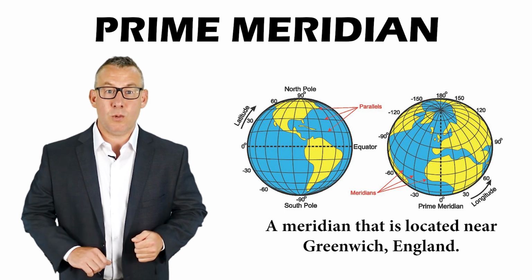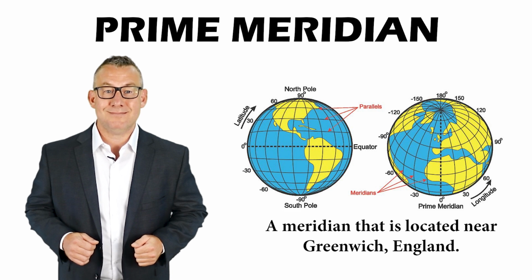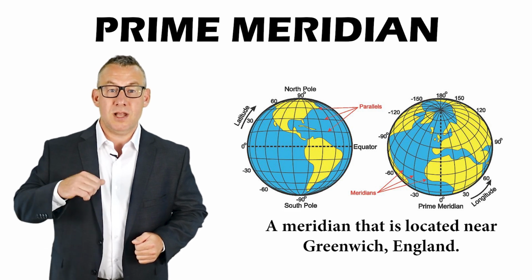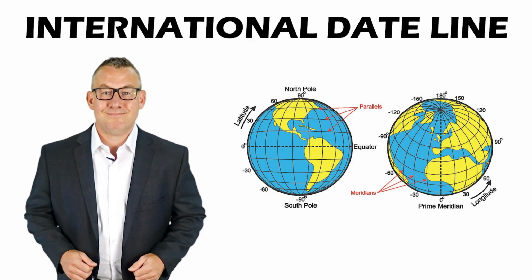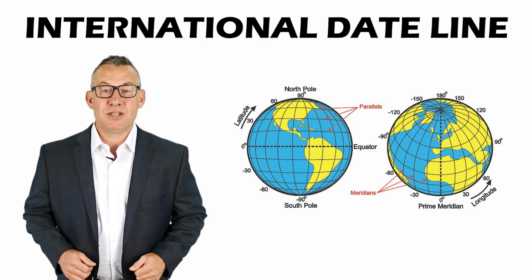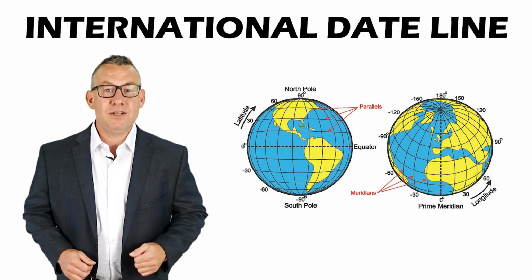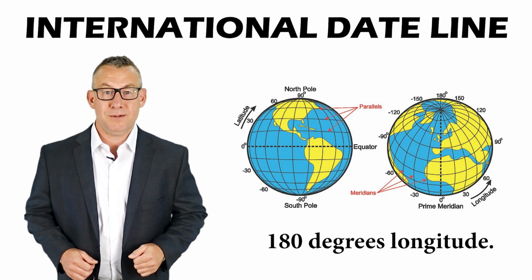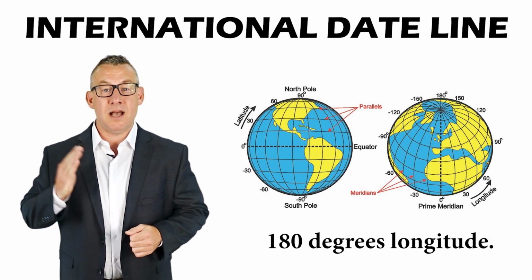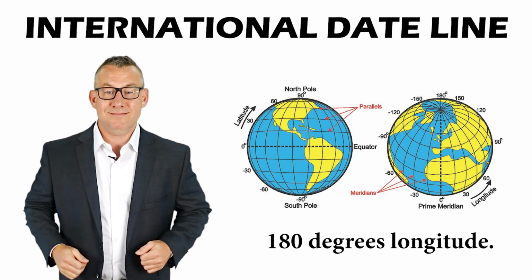Points south of the equator have negative latitude values. Points north of the equator have positive latitude values. The international dateline. The international dateline is located at 180 degrees longitude. It is on the opposite side of the Earth as the prime meridian.